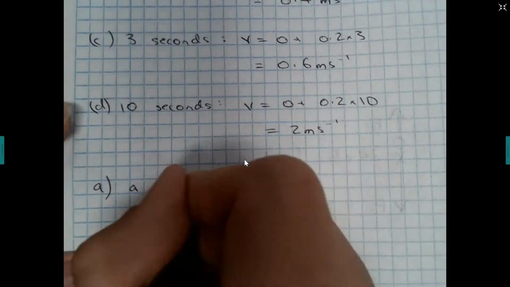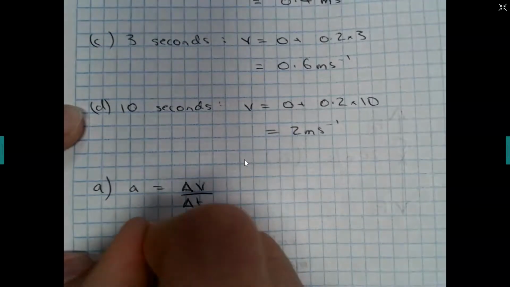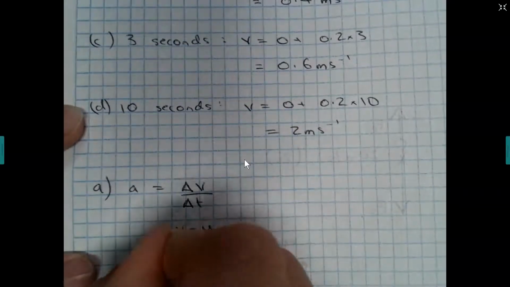Acceleration equals change in velocity over change in time, which is v minus u over t.